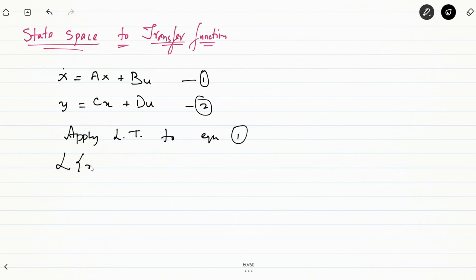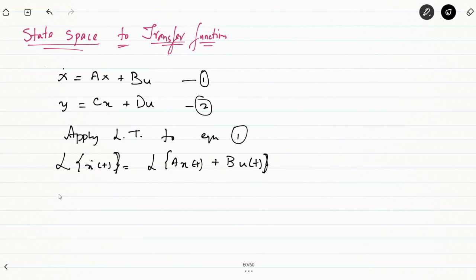Laplace of x dot t is equal to Laplace of Ax(t) plus Bu(t). So Laplace of x dot, the Laplace of d by dt of x(t).